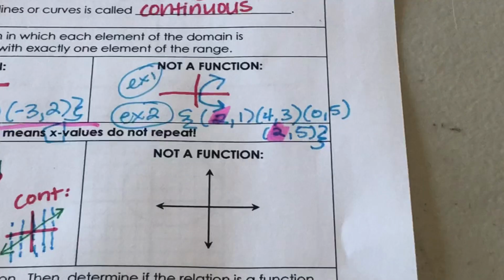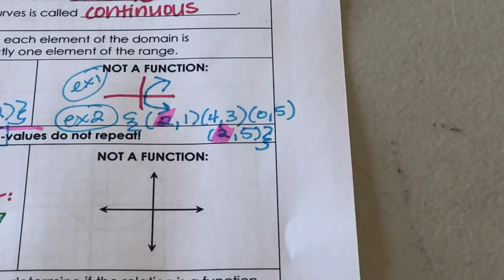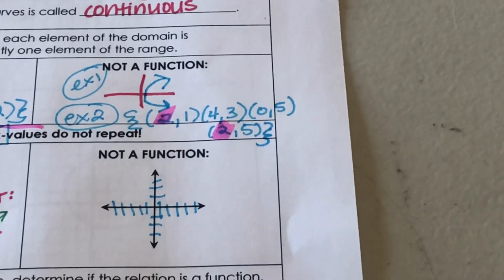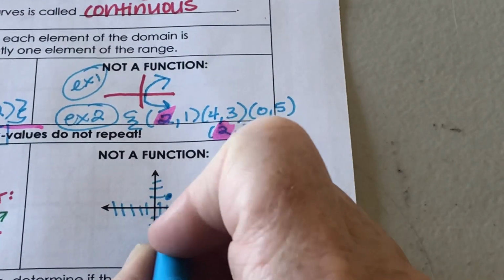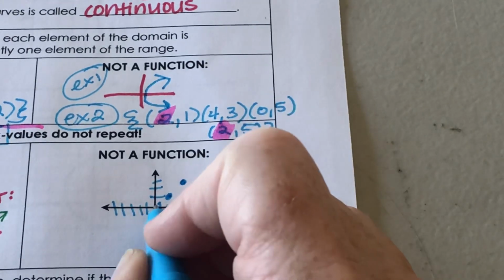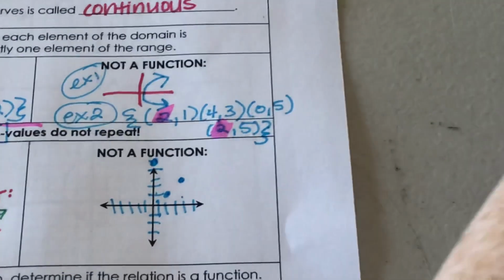Okay, so let's look at not a function. Let's graph those points. So we have, give yourself some tick marks, and we're gonna plot those points. Okay, so 2, 1, right here. 4, 3, 1, 2, 3, 4, 1, 2, 3. 0, 5. I'm gonna have to go off the graph here. Okay, and 2, 5.